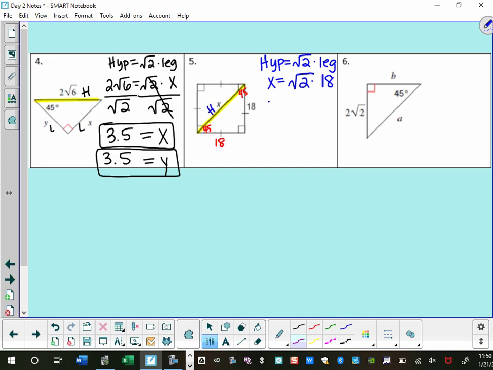Your x can be 18 root 2, because if you multiply those two, that's what you get. Or, what's the decimal of this? 25.5. Those are your answer choices. So far, so good?